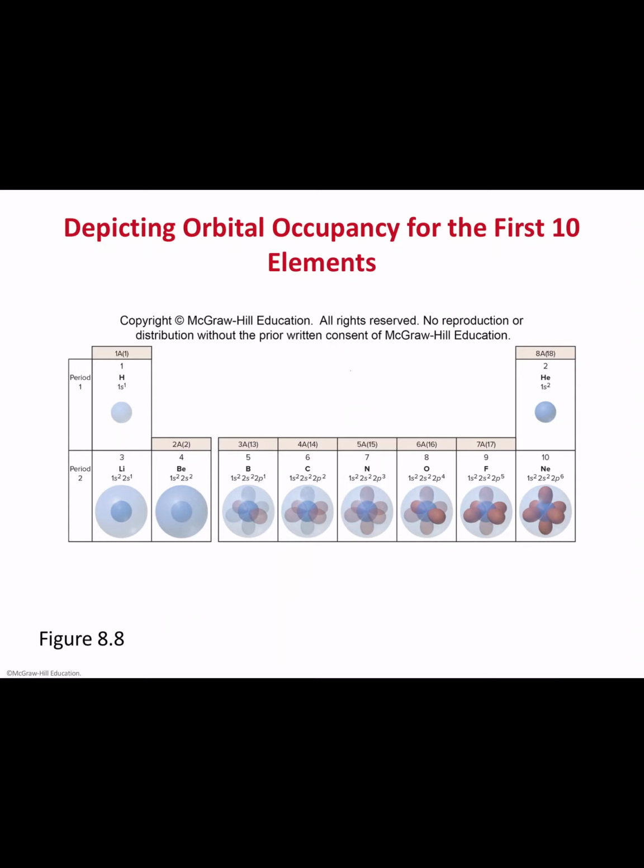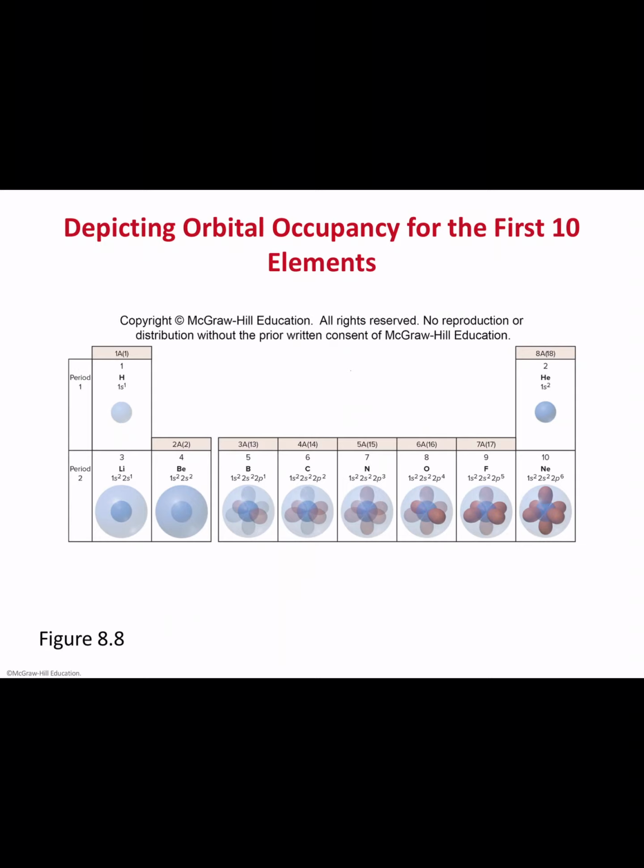Depicting orbital occupancy for the first 10 elements. So you can see in period 1 we have hydrogen and helium.